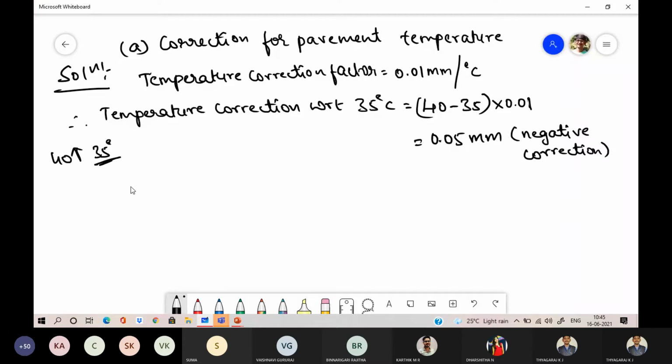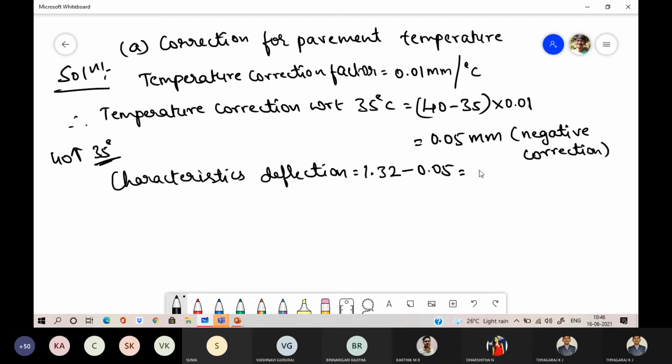So characteristic deflection is equal to, what is the deflection value the question has given? 1.32 mm minus 0.05.